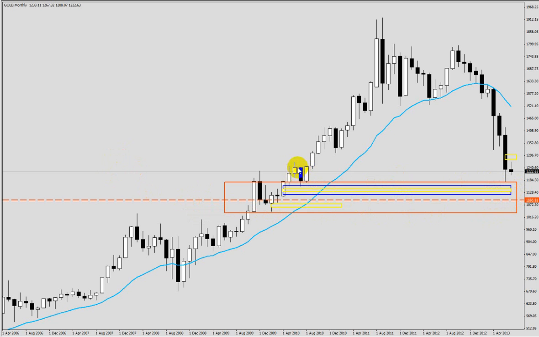Here in July, August 2010, and last time June 2013. So it could be weaker support.